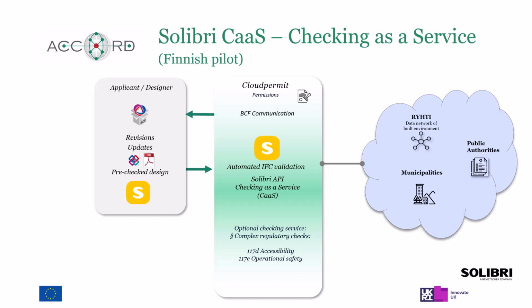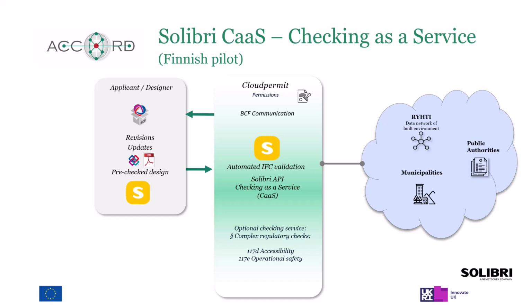The IFC validation looks for the core information and the BIM quality of that design, so that it contains the necessary data for more complex regulatory texts. And this information is delivered via APIs to different instances.